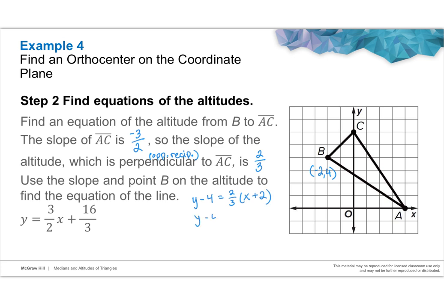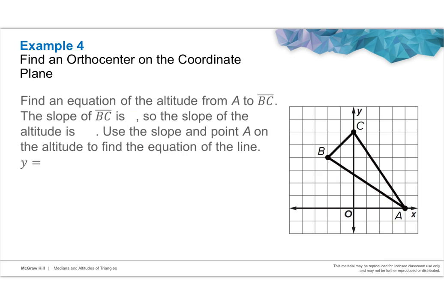Distribute the 2/3, and we get +4/3. And then add the 4. Over here, we're going to add the version of 4 that already has a denominator of 3, which is 12/3. And so that's where we get our 16/3. So that's our first altitude equation. y equals 2/3 x plus 16/3.